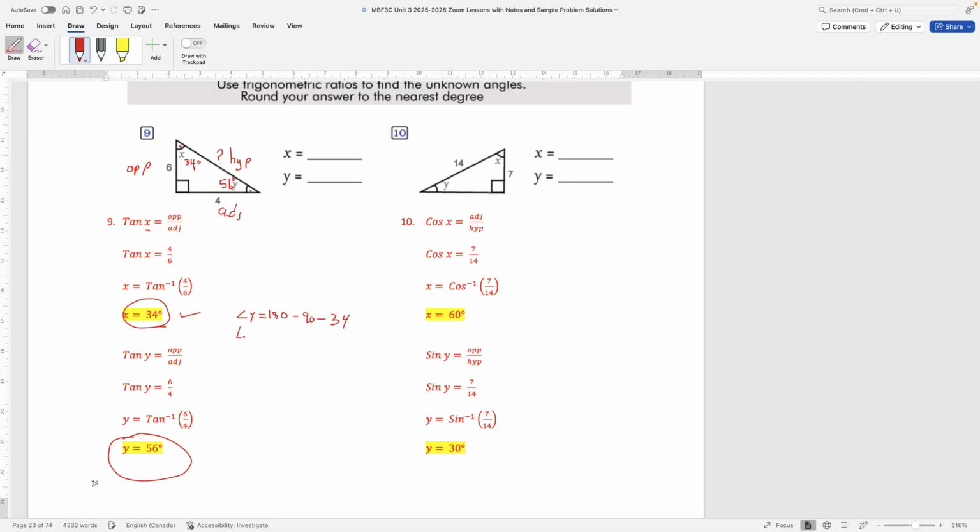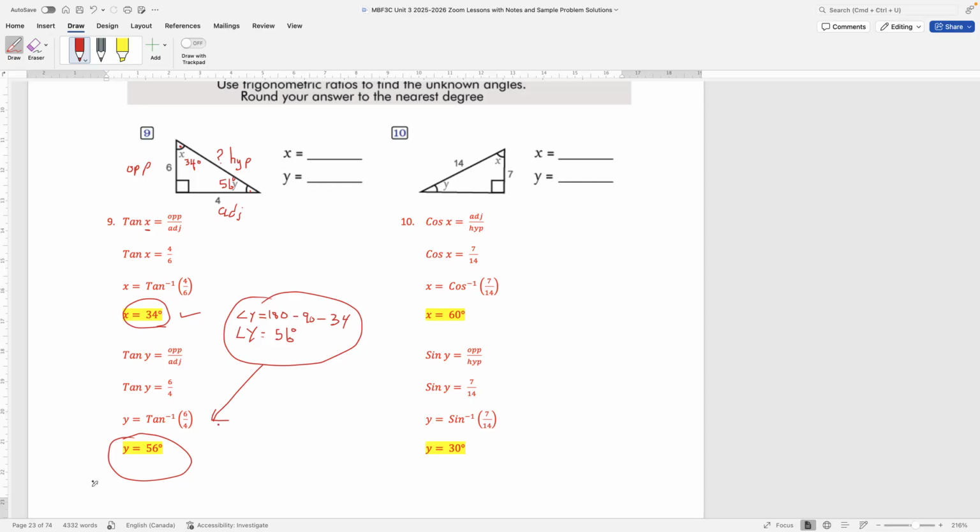So angle y is equal to, take your calculator, 180 minus 90 minus 34, and you'll get 56 degrees, which is exactly what we got using trigonometry.